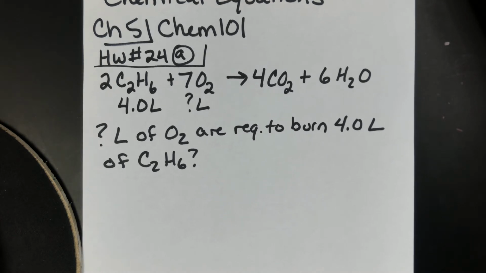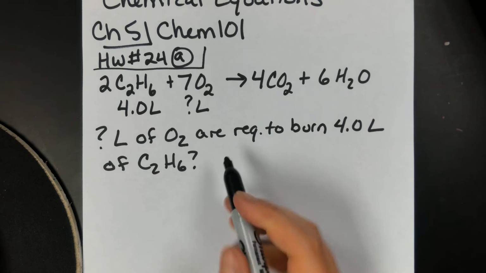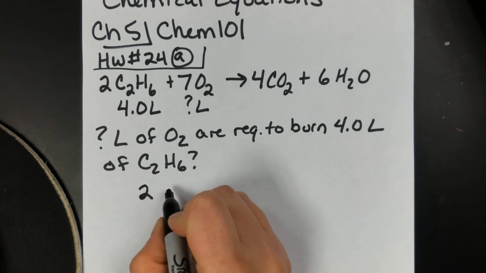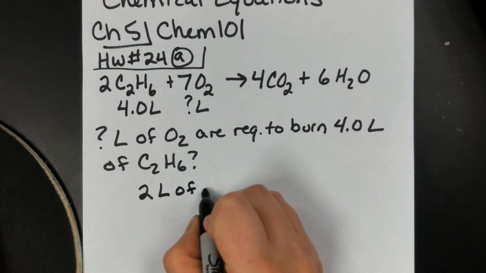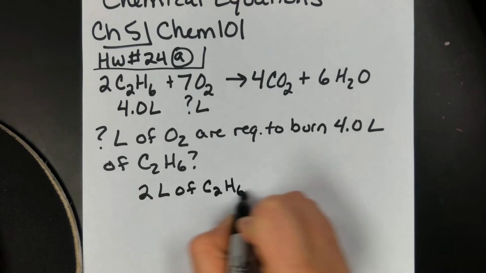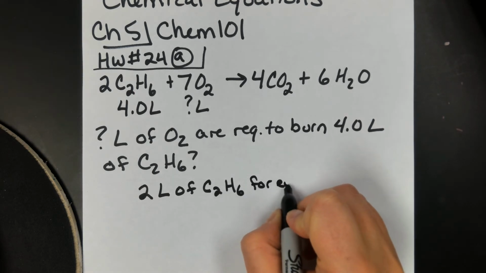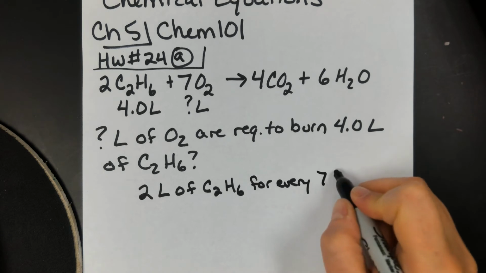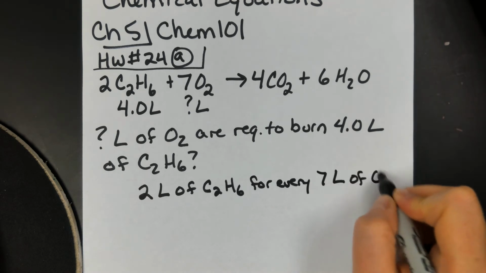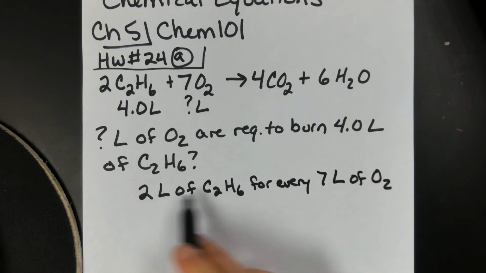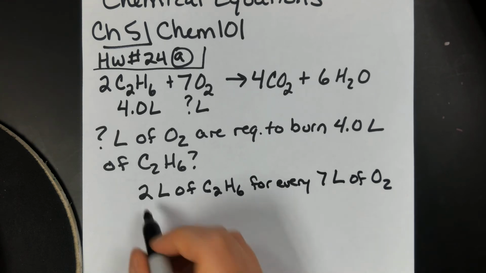So we need 2 liters of ethane, C2H6, for every 7 liters of oxygen. This is essentially the ratio of their coefficients.